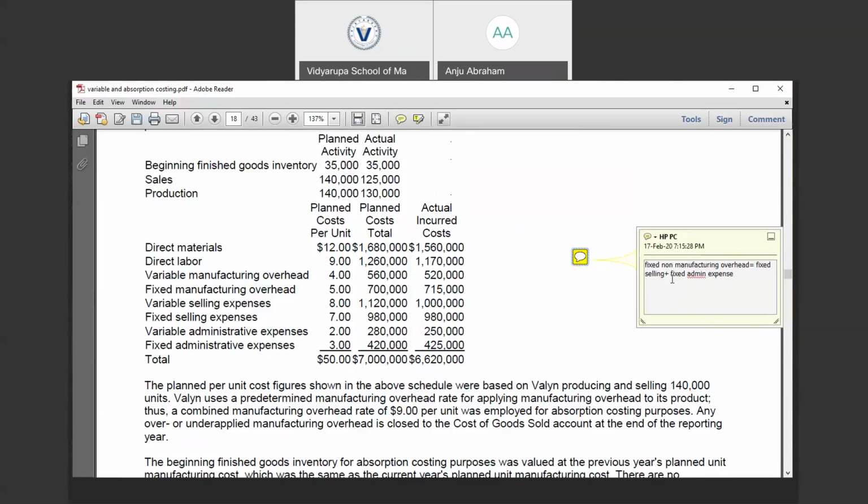Right. So what are fixed administrative and fixed selling expenses? We take the actual, which is 980,000 plus fixed administrative expenses of 425,000. Now I'm ready to take fixed manufacturing cost.